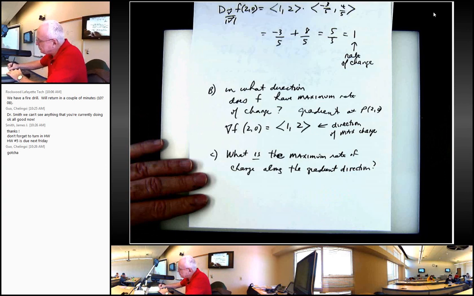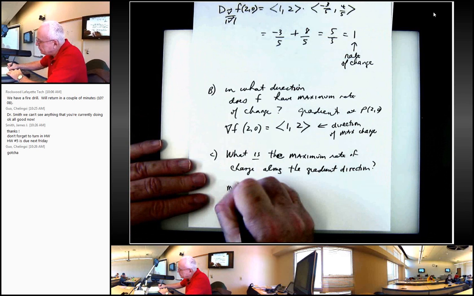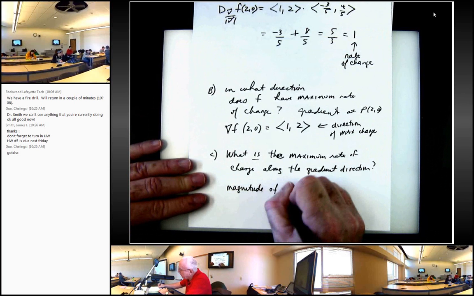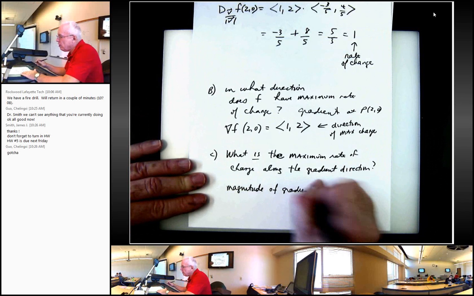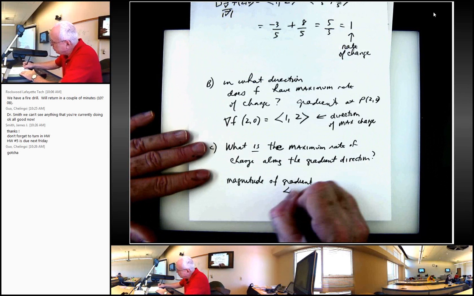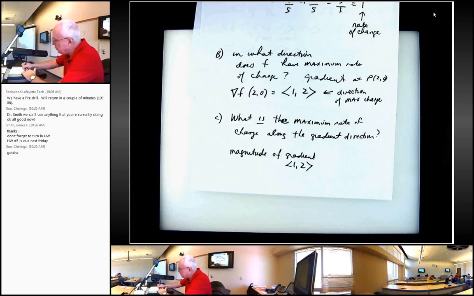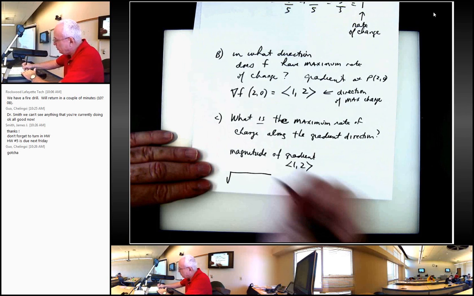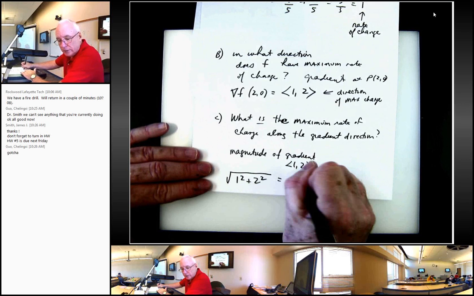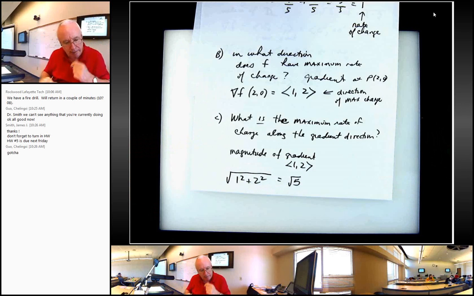So the answer is the magnitude of the gradient. We already figured out our gradient is 1 comma 2. So the magnitude is the square root of 1 squared plus 2 squared, which is the square root of 5.